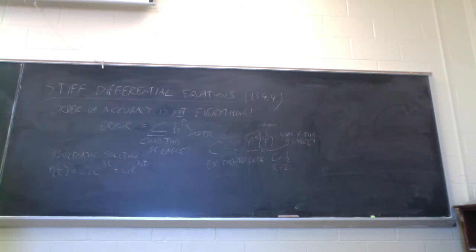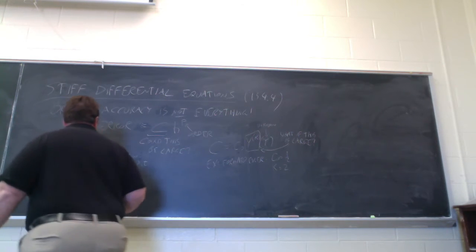Okay. And you've seen solutions like this from your DE class, for instance, solving a second order DE. How do these kinds of solutions come about? Not usually from a first order DE by itself, but from a system of DEs. So when I say stiff differential equations, I'm generally talking about systems of DEs, like one that comes from a second order ODE, things like that.